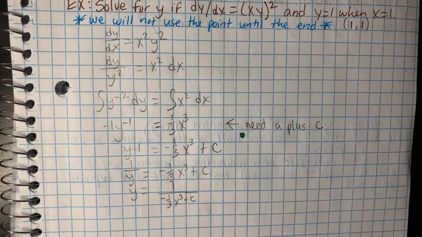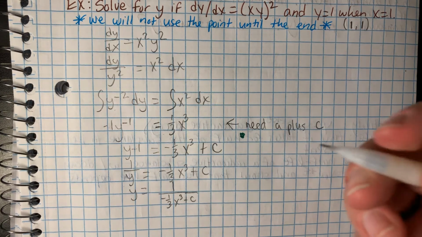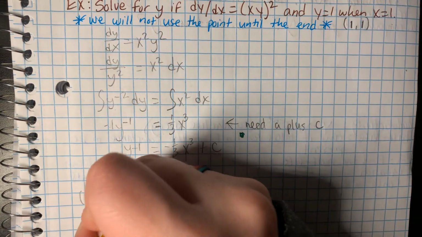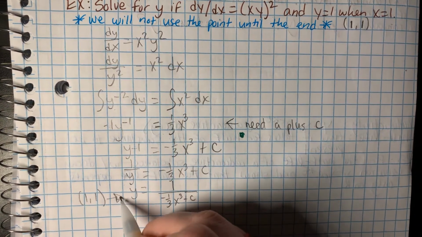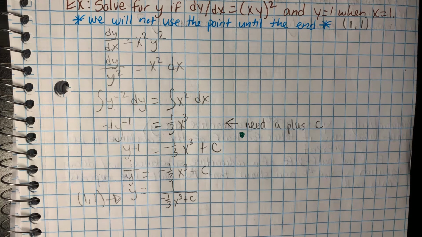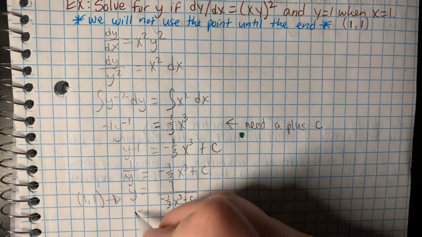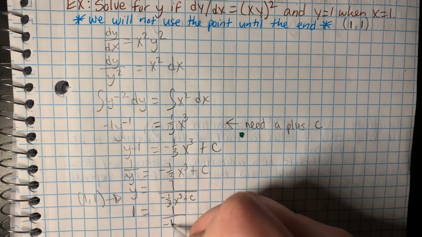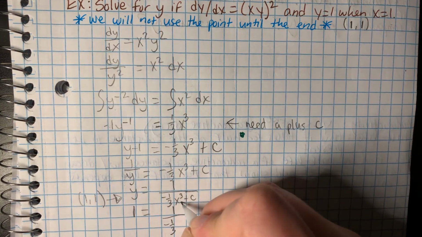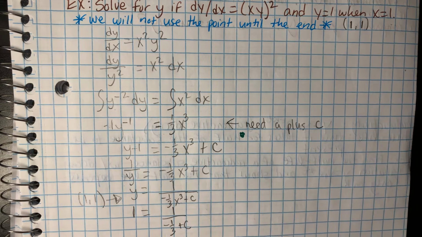So now what we can do is use this point (1, 1) and plug it into our equation so that we can figure out what the plus c is going to be. So we'll have 1 equals 1 over negative 1/3 times 1 plus c.